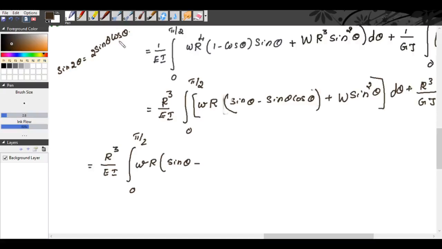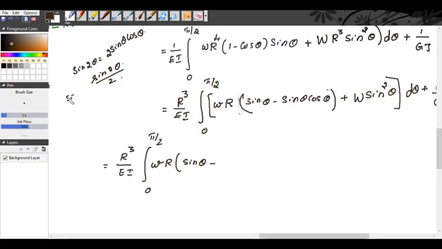That means sin theta cos theta is equal to sin 2 theta by 2. So we can write sin theta cos theta as sin 2 theta by 2.